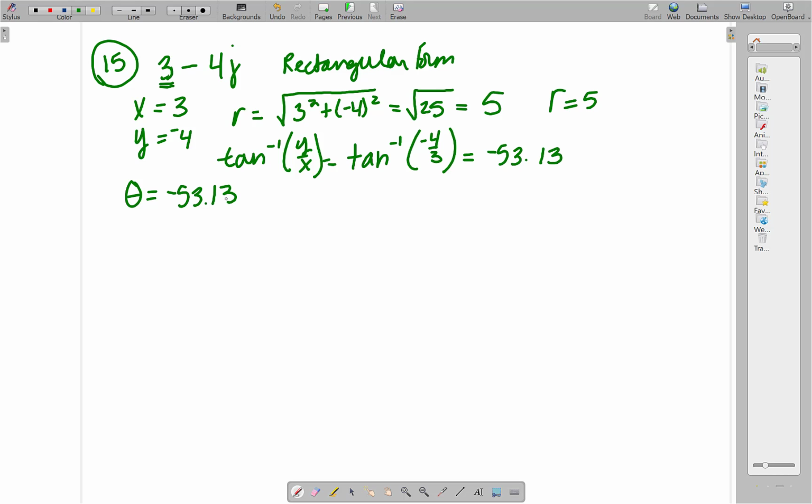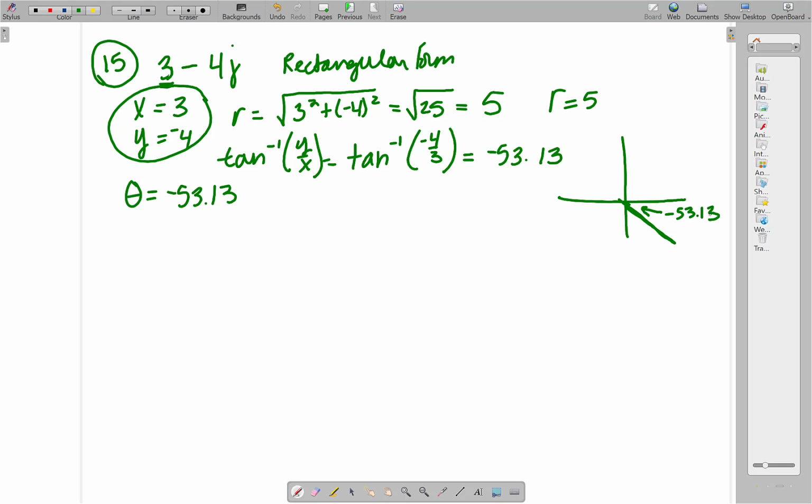If we think about this, with x and y we would be going 3 and down 4. So we're looking at this angle in here, because x is 3, y is negative 4. This angle here is negative 53.13 degrees.